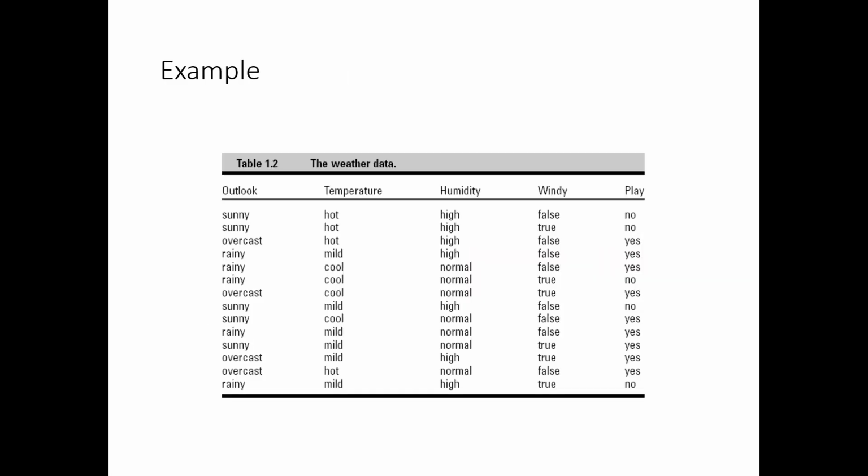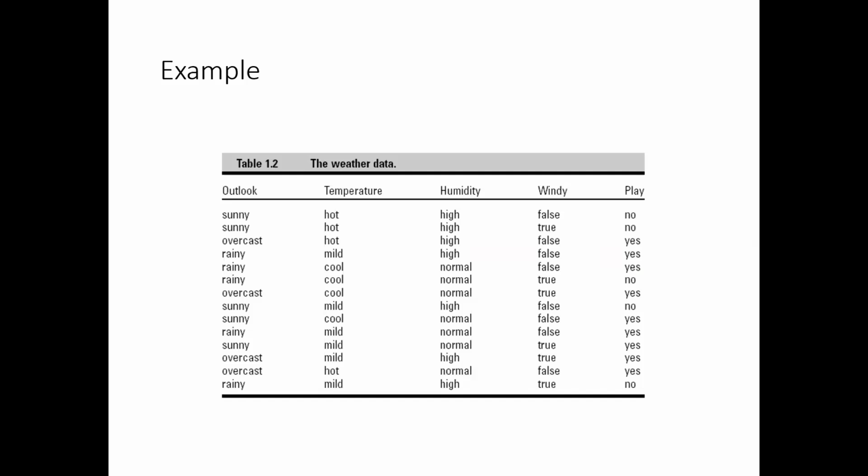This is the data set we are going to consider. We have four attributes: outlook, temperature, humidity, and windy. Based on these, we are going to decide whether to play or not.